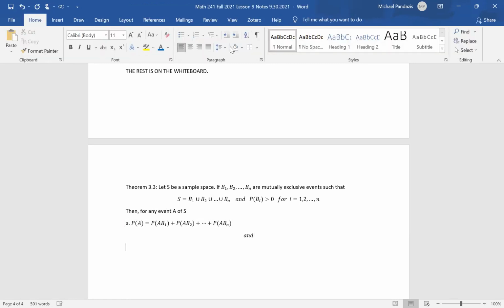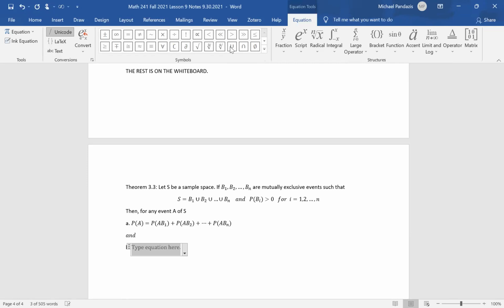And we also have part B, which says that the probability of A is equal to the probability of A given B1 times the probability of B1, plus the probability of A given B2 times the probability of B2, plus ... plus the probability of A given Bn times the probability of Bn.